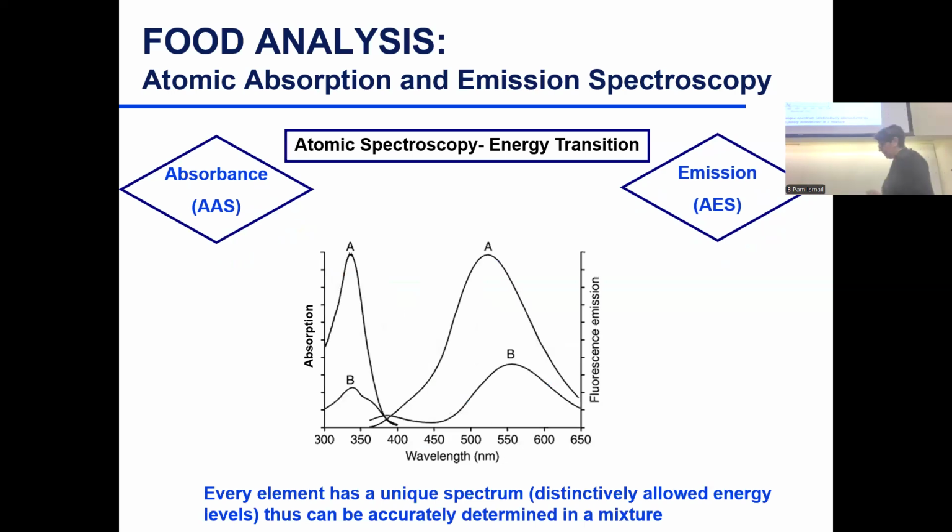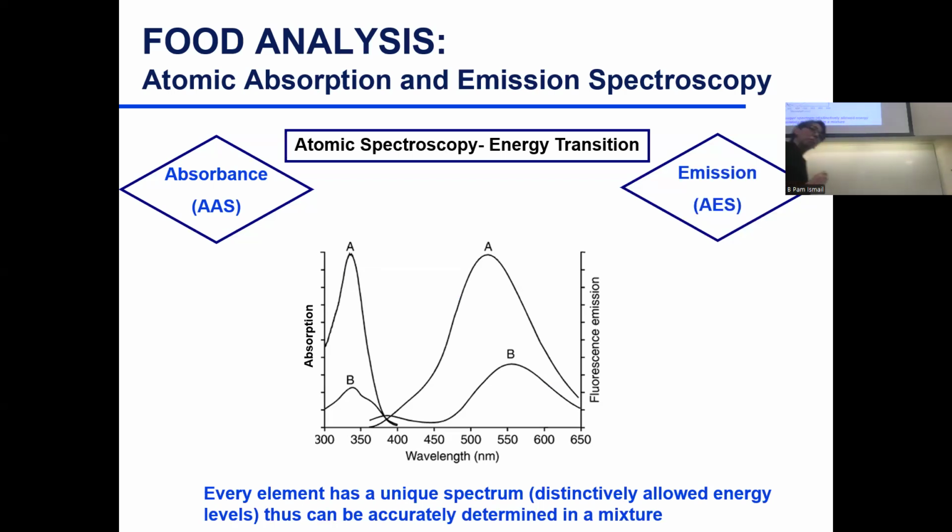So the same element will have an absorption range and an emission range. So element A and element B. You can see that absorption is measured at a shorter wavelength, and the emission of the same element is measured over a lambda max that is longer. Again, emission is always of lower energy, longer wavelength.